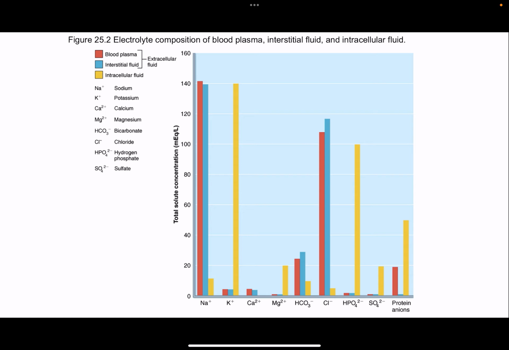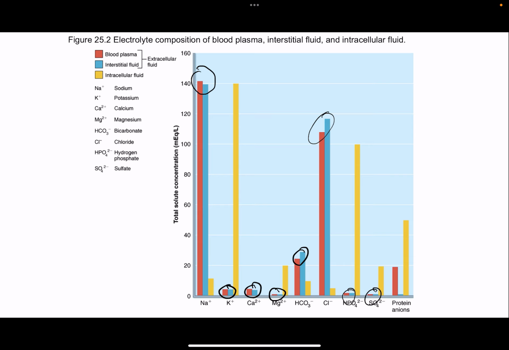If you take a look at this chart, you'll notice, like I said before, the extracellular fluid, both the blood plasma and the interstitial fluid, are pretty similar in their concentrations. For sodium, potassium, calcium, magnesium, bicarbonate, chloride, hydrogen phosphate, and sulfate, they are pretty much equal, except when it comes to protein.